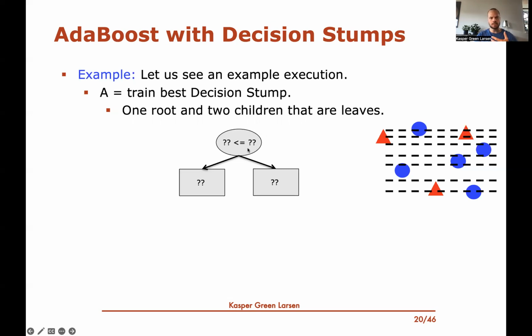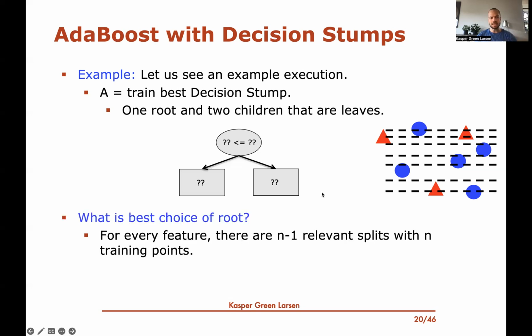We had one of the first videos on decision trees and on how to train these decision stumps. The basic idea was that we figured out what is the best question we can ask in the root, right? A question corresponds to any one of these different lines, or a vertical line. For every feature of the data, in this case there are two features, the one on the x-axis and the y-axis, we looked at all the n-1 relevant splits between the training examples.